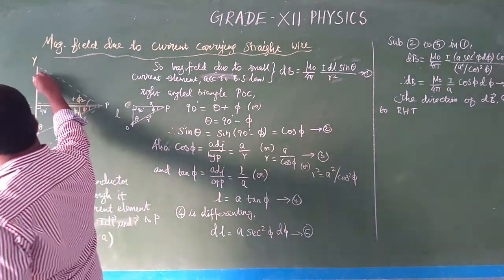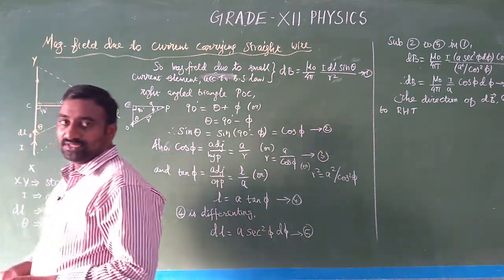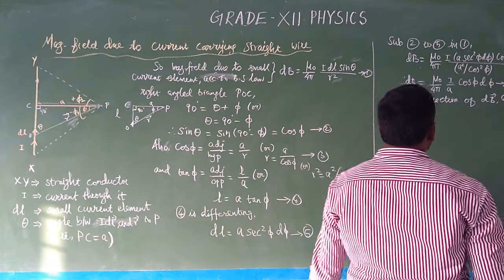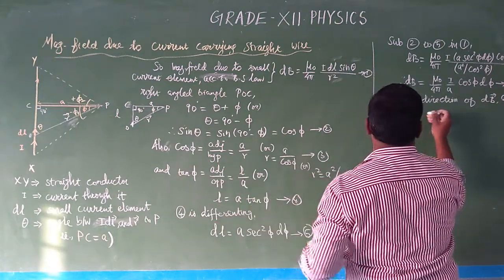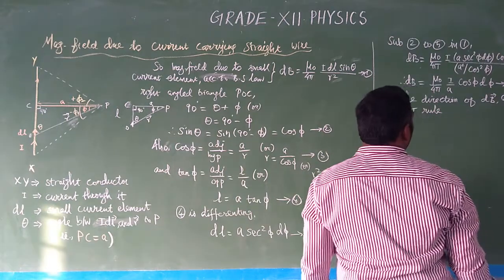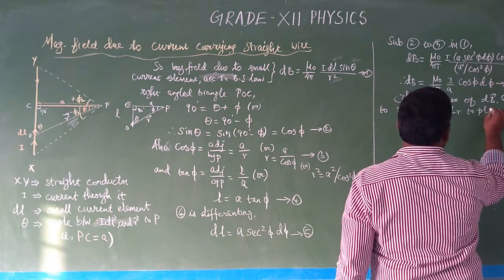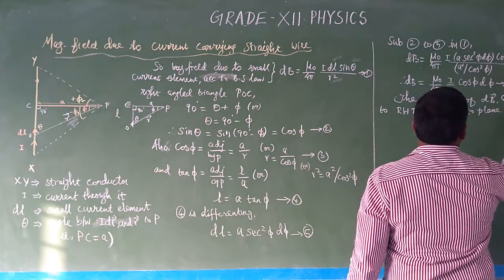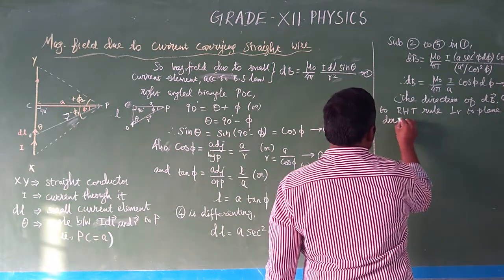The magnetic field produced will be anti-clockwise. So according to right hand thumb rule, we can check the direction of the magnetic field. Okay, that is perpendicular to plane and directed inwards.